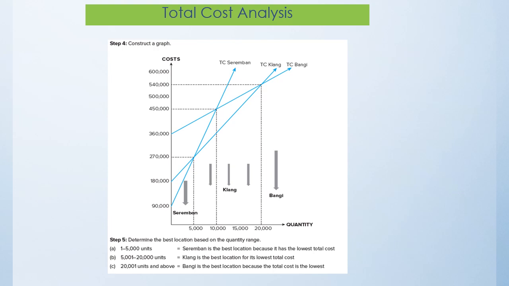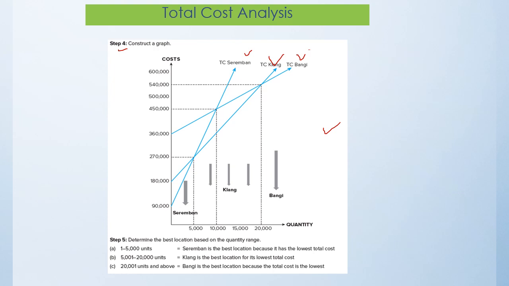Okay, so this is actually an accurate graph. You can see clearly the correct, straight lines for every location: total cost for Seremban, for Kelang, and also for Bangi. So that is for step number 4. You should be getting this kind of graph lah if you use graph paper.